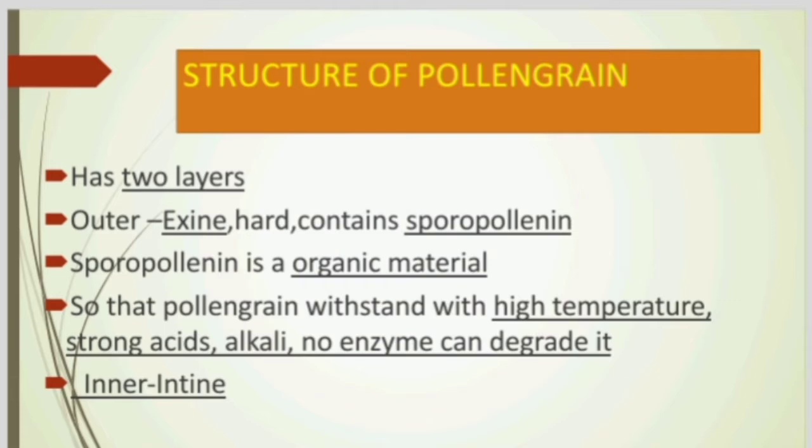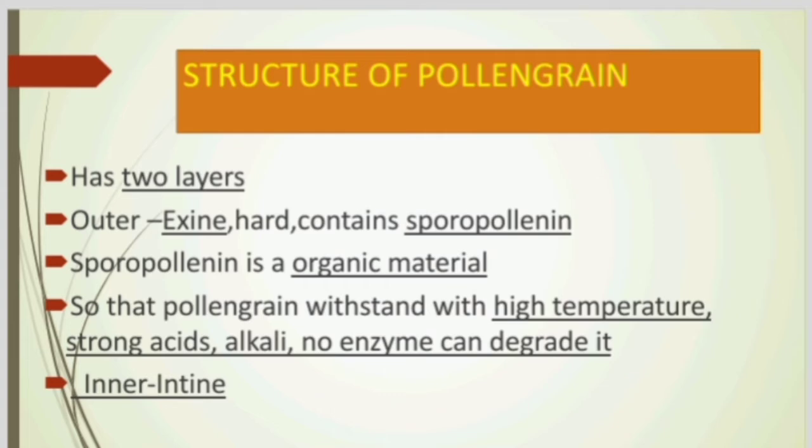And apart from this, the outer layer has been enriched with a specific organic material called sporopollenin. Okay, what is that name? The material called sporopollenin, and this material is very important. Why? Because due to the presence of sporopollenin in the angiosperm pollen grain, it can withstand high temperature, strong acids and alkali, and no enzyme can degrade this pollen grain.